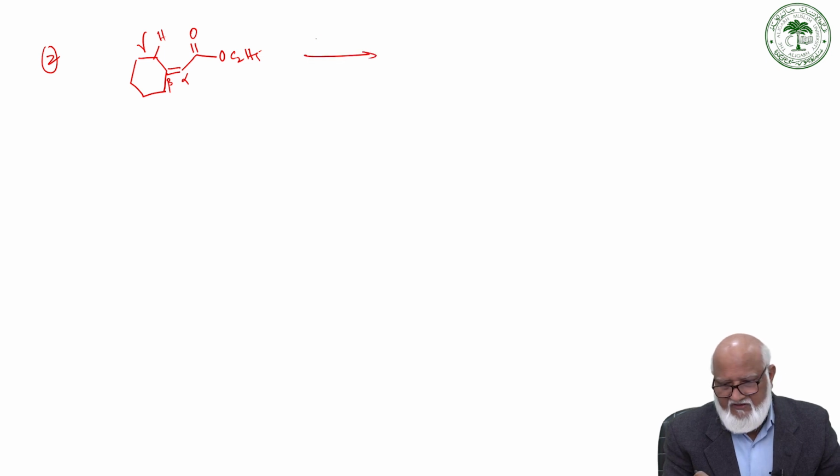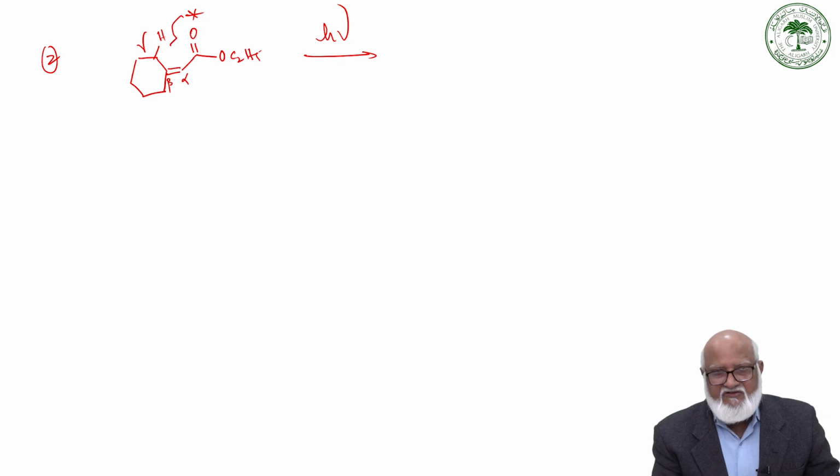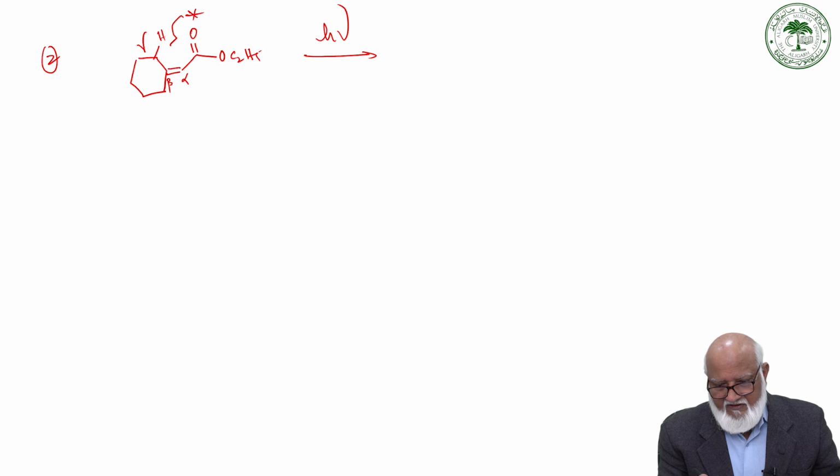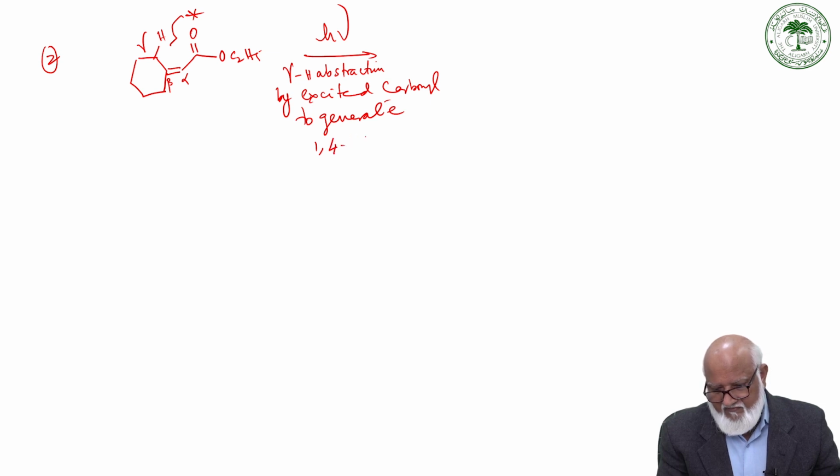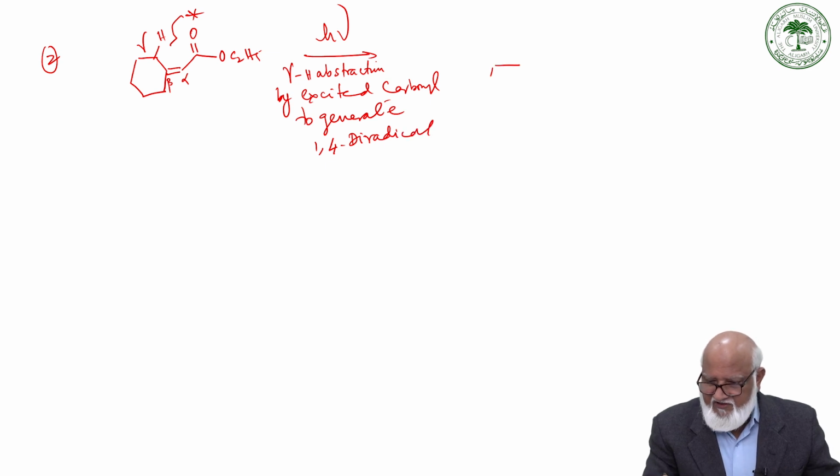Under photolytic conditions, the carbonyl goes to the excited state and is nicely set for gamma hydrogen abstraction by the excited carbonyl to generate a 1,4 diradical, to give a species like this.